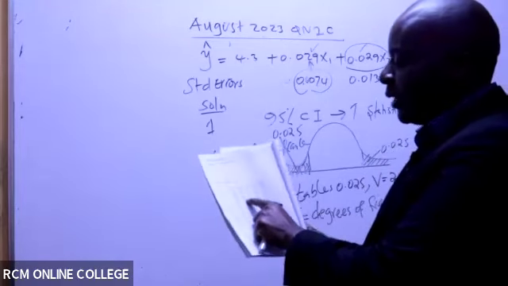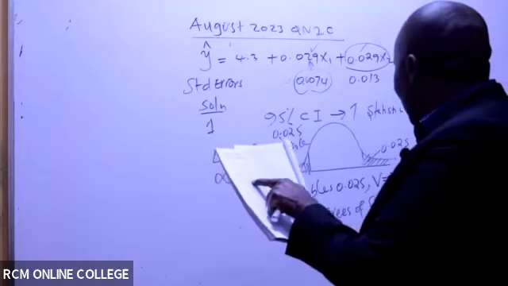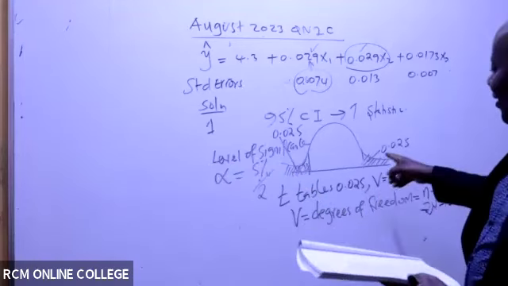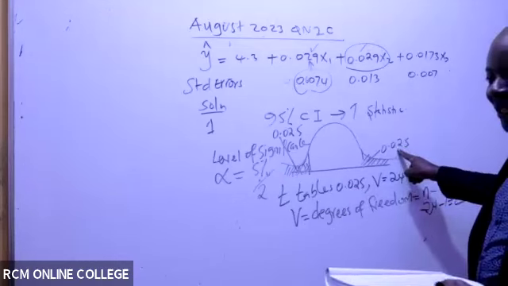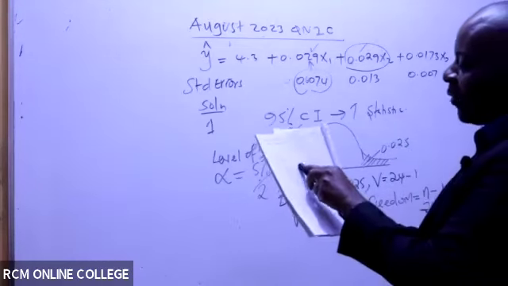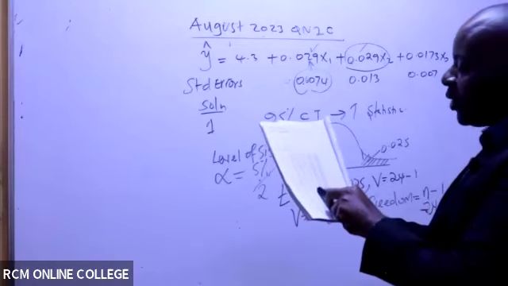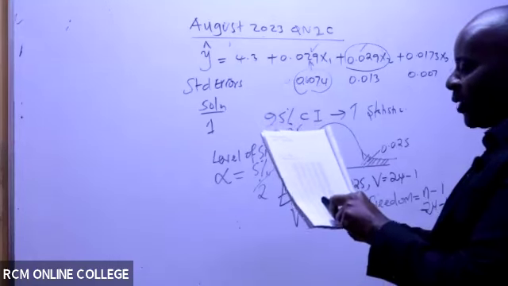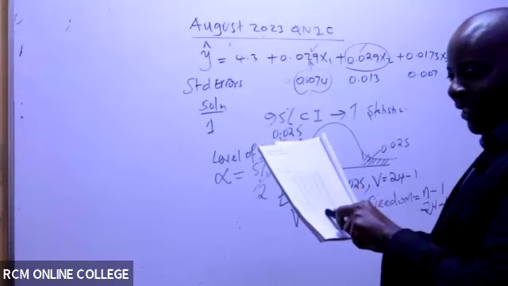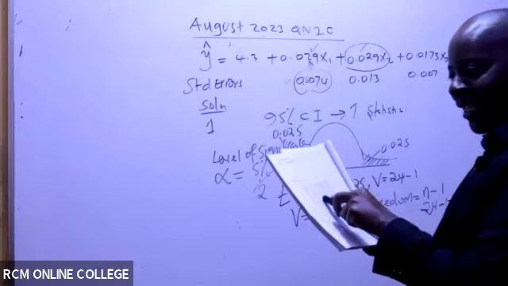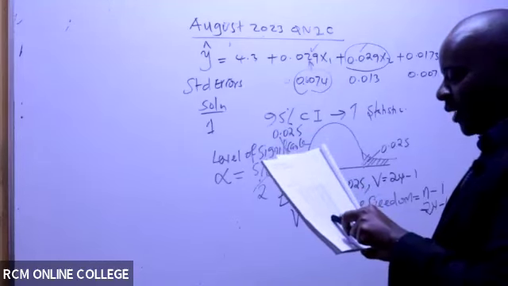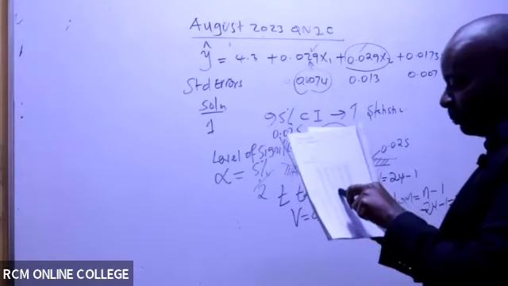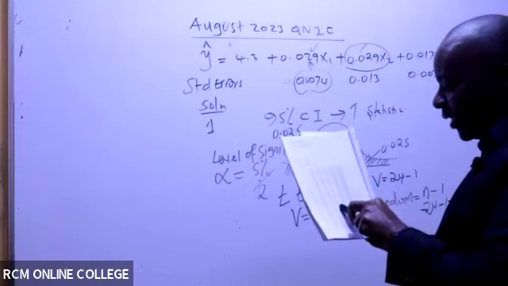Do you have this t distribution? You go to where it's written t.025, because you're using 0.025, and then you walk down the degrees of freedom column until you see 23. Anybody able to read for me until you see 23?